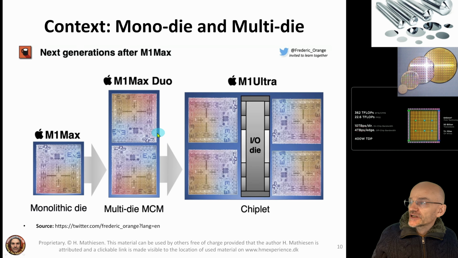The next slide here shows you something that has become relevant in the last few years for the manufacturing of integrated circuits. It's about that we have started to use so-called multi-die chips or chiplets. And to understand what that is, for instance, previously all chips were made on single dies, like this one over here, monolithic die with the M1 Max chip from Apple. That's similar to the A15 Bionic, if you can remember.